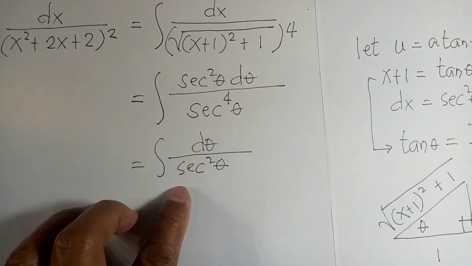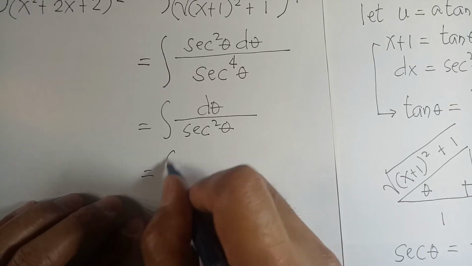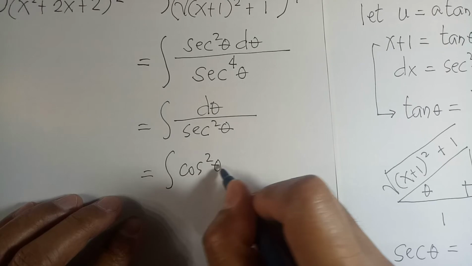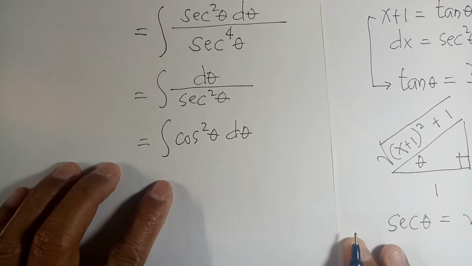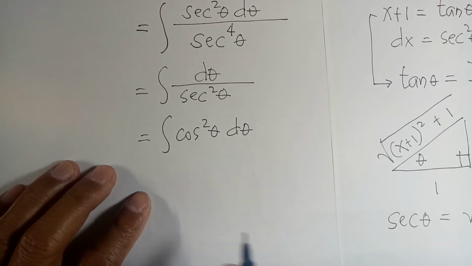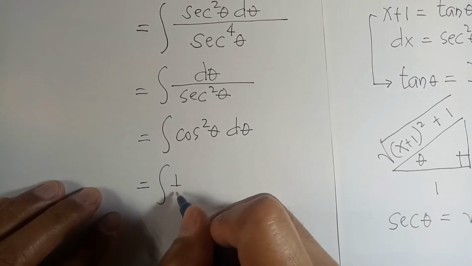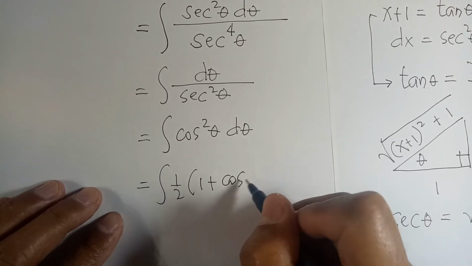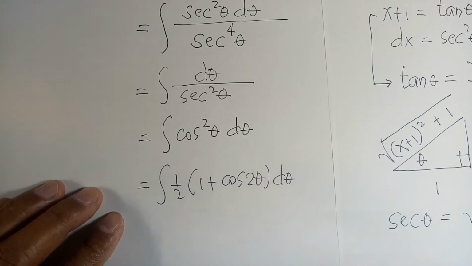And now 1 over secant squared is cosine squared. So integral of cosine squared of theta d theta. And then the transformation for cosine squared is 1/2 times 1 plus cosine of 2 theta d theta.